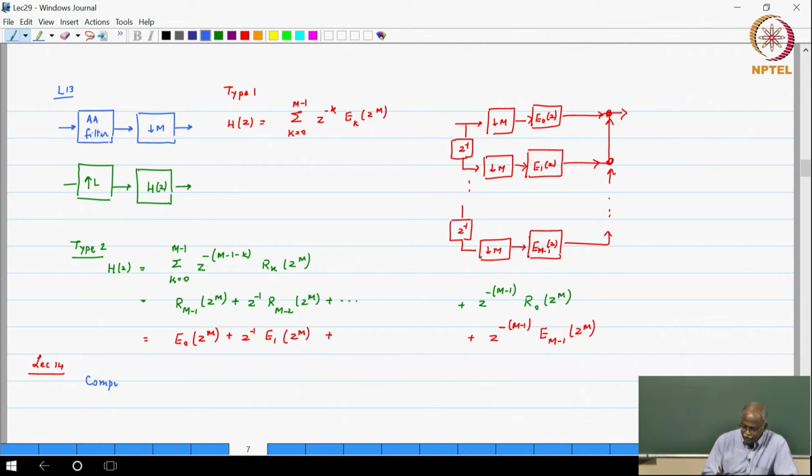So computational savings, if I am doing it for a factor of m, is approximately a factor of m. So huge advantages when you are making a sampling rate change of large magnitude. Okay.